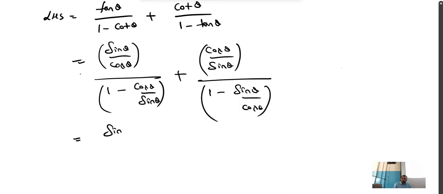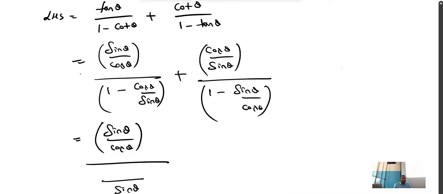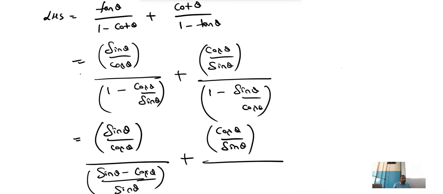Next, sin theta by cos theta divided by, can we take the LCM here? LCM is sin theta. Sin theta into 1, sin theta minus cos theta, plus here cos theta by sin theta, denominator. Again, what is the LCM of the denominator?